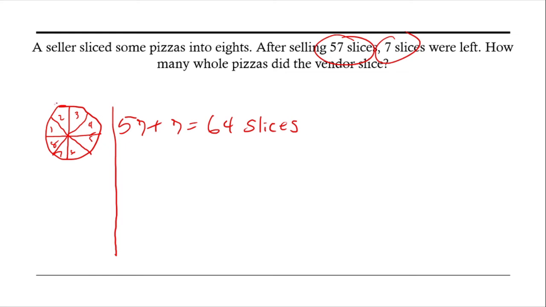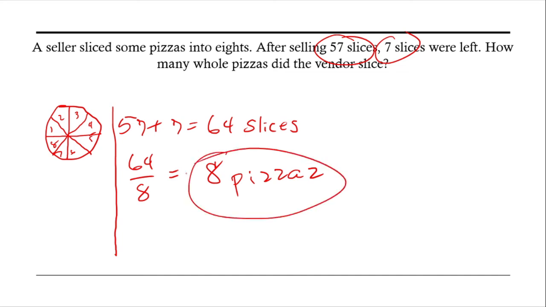Ngayon, since ang isang pizza, hinati niya sa 8, 64 divided by 8 is 8. Ibig sabihin, meron tayong 8 pizzas. How many whole pizzas did the vendor slice? 8 pizzas.